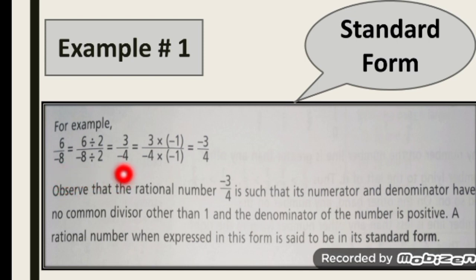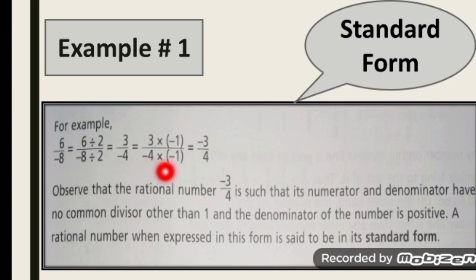But here the negative sign is with the denominator. It means that the denominator is still negative. We will make the denominator positive now. To make the denominator positive, we always multiply both numerator and denominator by minus 1. 3 multiplied by minus 1 will be equal to minus 3.